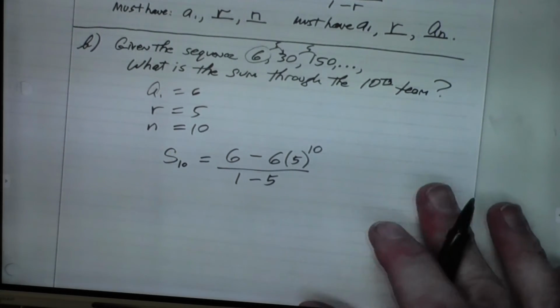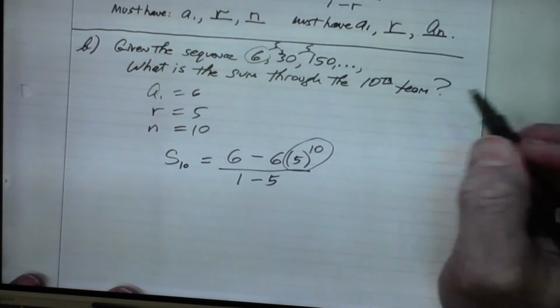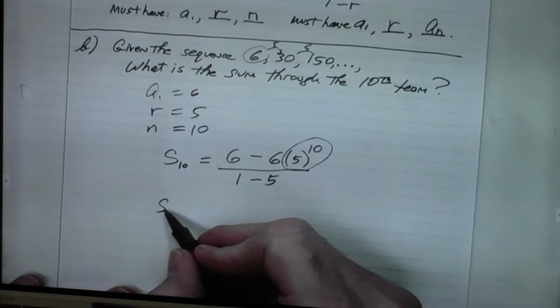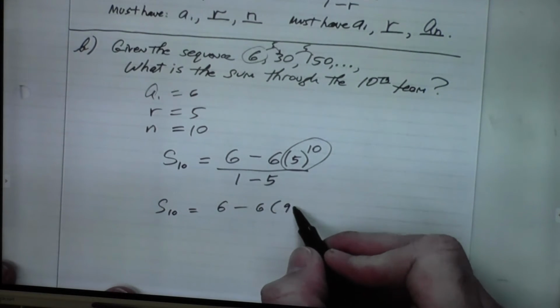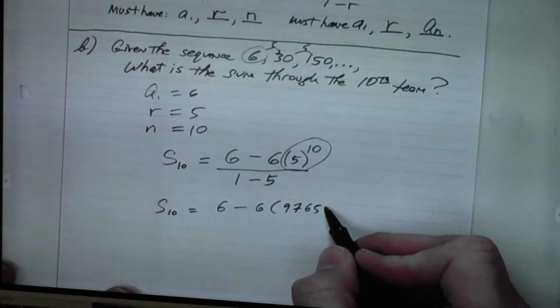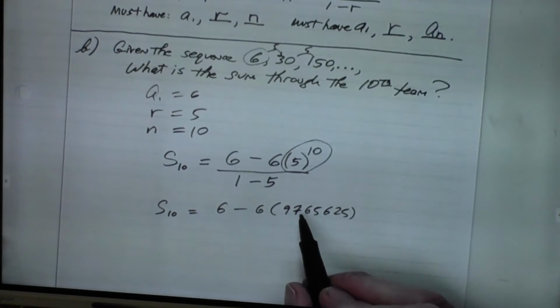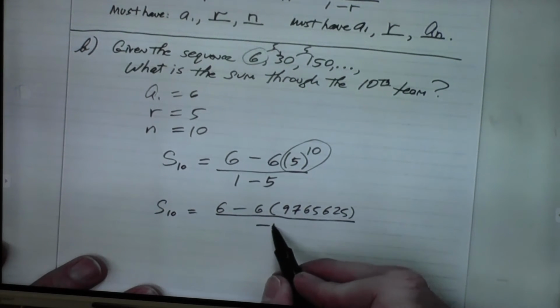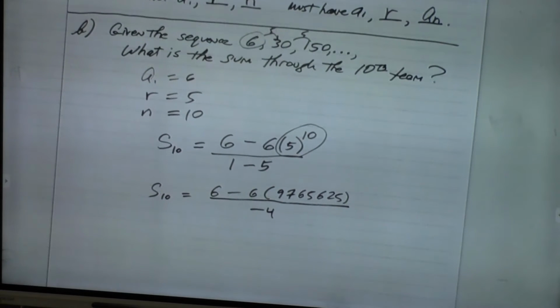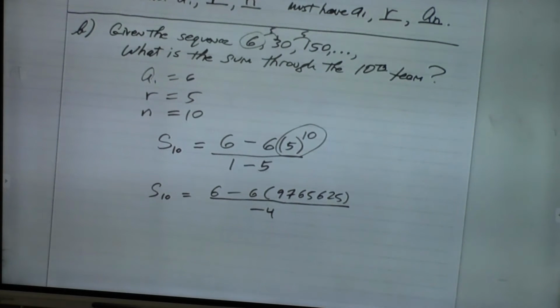So this one, I'll work through the steps, just as a reminder that first you have to do this. And if you do, you get this number, 6 minus 6 times 9,765,625. Let's see if I transcribed that correctly. Yep. Over -4. Sometimes you see this formula with the a1, like a1 parentheses, 1 minus the other thing, which is possible.